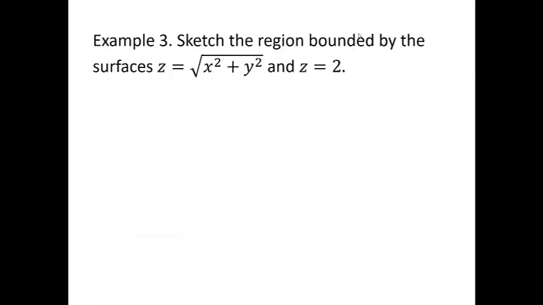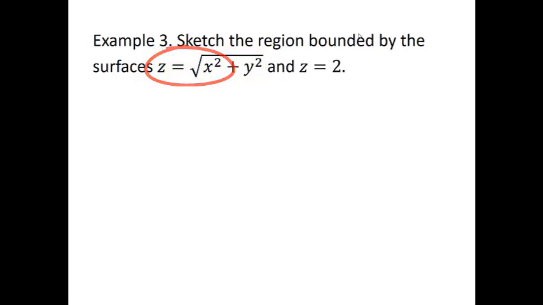Let's sketch the region bounded by the surfaces z equals the square root of x squared plus y squared, and z equals 2. Okay, so z equals 2, that's easy enough. That's a horizontal plane. All right, now the z equals the square root of x squared plus y squared. So focusing on just the xz plane, that would look like z equals x.